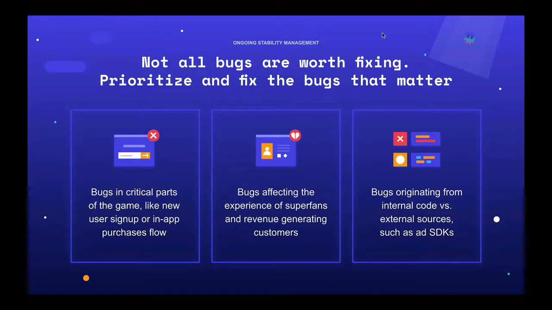I'll show you the definition of stability in a minute, but first I also want to talk about this concept of prioritization. I always say the client side is the Wild West. There are so many variables to deal with in client-side software development, and gaming is a good example of that. You have to deal with people who have out-of-sync or old versions of your software.